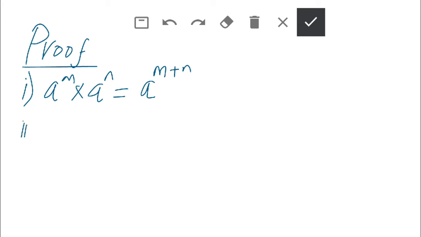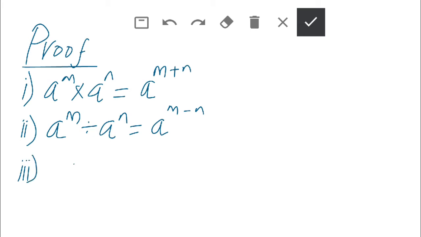In our proof, we shall consider the equations that deal with the indices, and we know them. a power m times a power n equals a power m plus n, a power m divided by a power n equals a power m minus n, and a power m raised to power n equals a power mn.